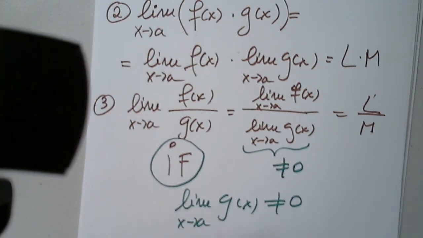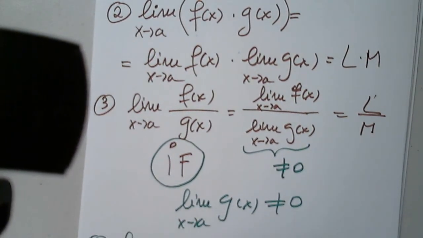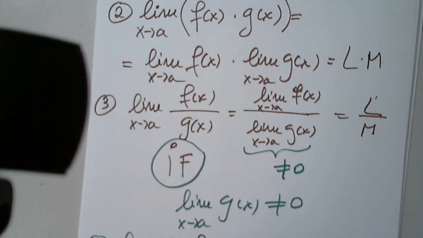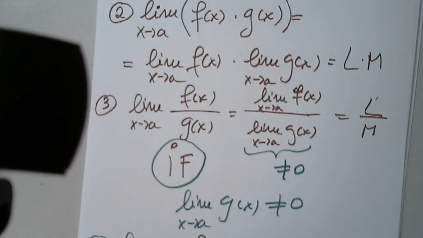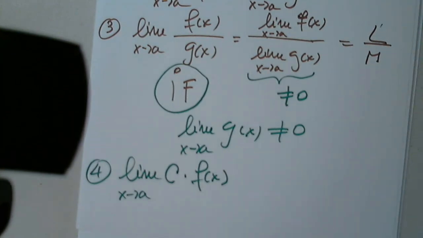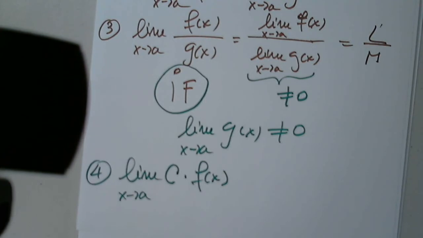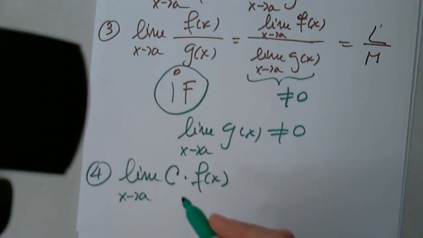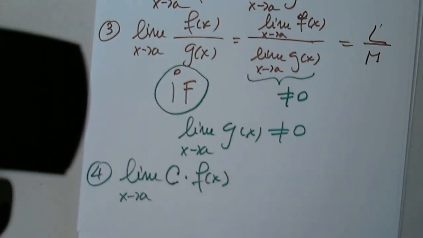Number 4, limit of a constant times a function as x approaches a. What do you think? Wild guess. Here's your hint.